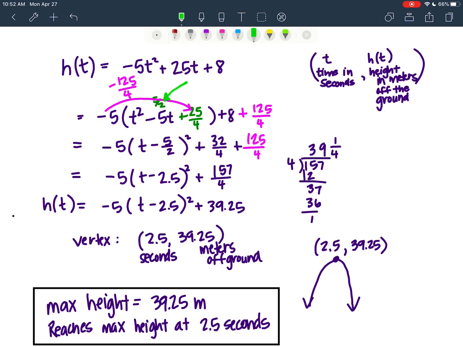Negative 5 times that 25 fourths is where this negative 125 over 4 comes from. To undo the negative 125 over 4, we add 125 over 4. I got a common denominator with my 8, which allowed me to take 32 plus 125, giving me 157 over 4.